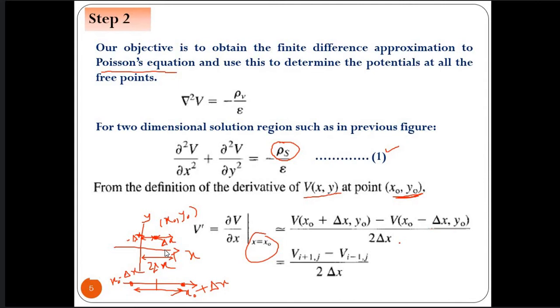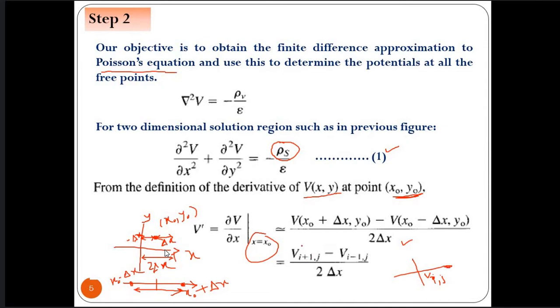Now if we apply the corresponding 5-node molecule, at this point it was V0, or rather it is better to consider V i comma j. Now what about x0 plus del x? At this point what will be the potential?